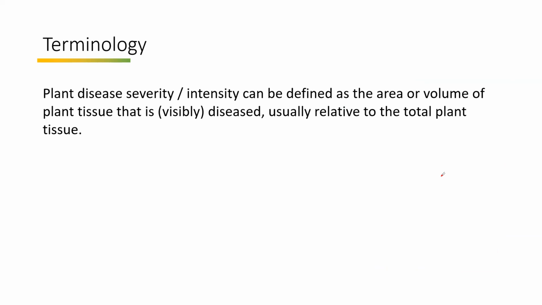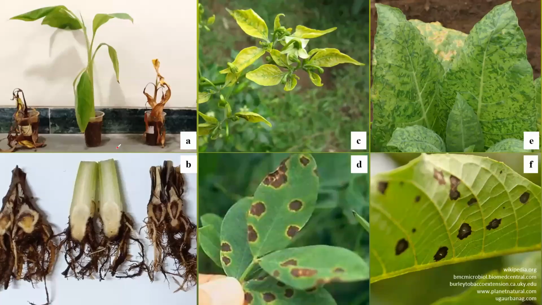Actually, in terminology, disease severity can be defined as the area or volume of the plant tissue that shows visible disease per the total plant tissue. So people can calculate disease severity by calculating the size of all of the spot area per the size of the whole leaf.